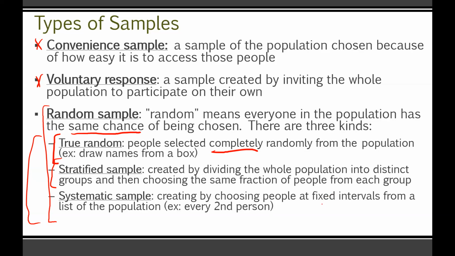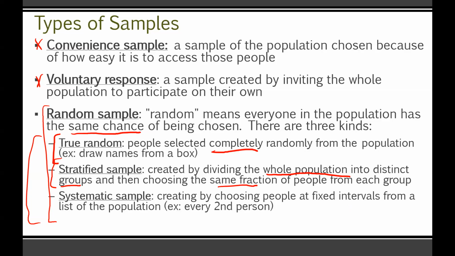A good example of a stratified sample would be to say you wanted to survey your whole school, so that would be your whole population, but you just broke it down into grade levels, so those are distinct groups, and then chose just a random percentage of people from each group. So maybe say, okay, I'll ask 30% of each grade. So that'd be the same fraction of people from each group. So if you asked 30% of grade 12s and 30% of grade 11s and 30% of grade 10s and so on, that would be what we call a stratified sample.